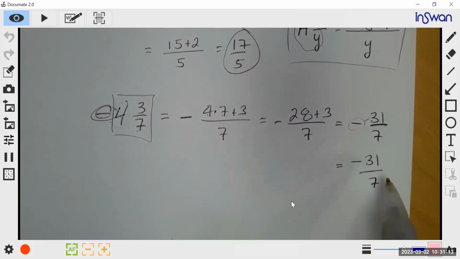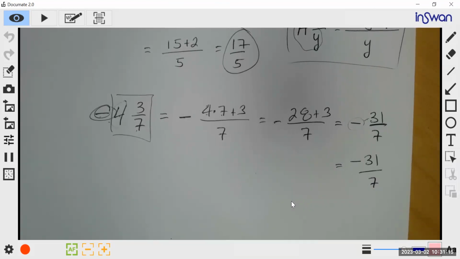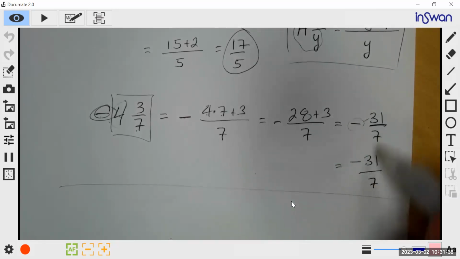The negative never goes on the bottom. We're going to show you that when we do addition and subtraction of fractions. Either way, these are both the same thing.